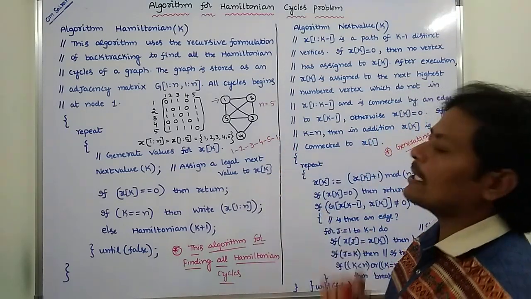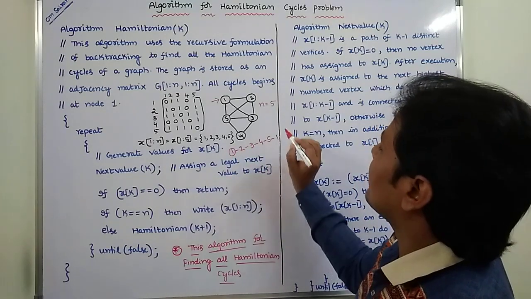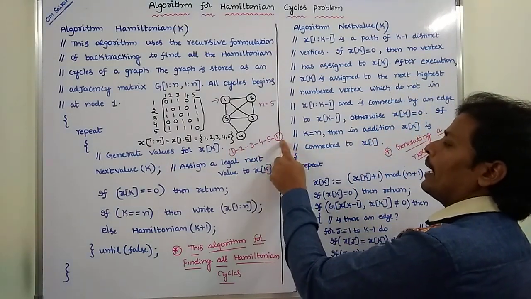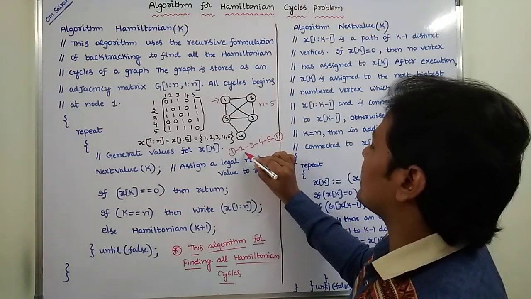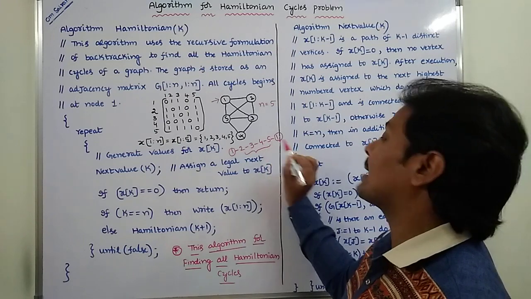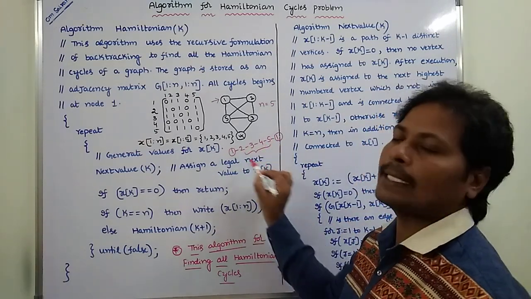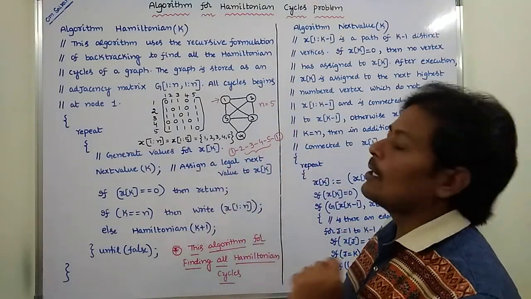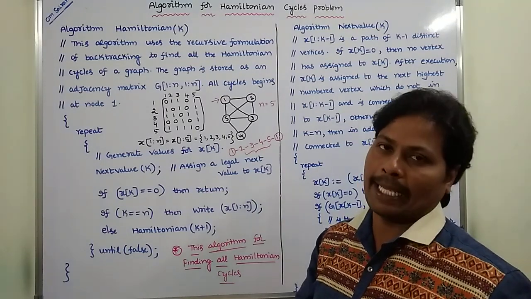This is the starting vertex and this is the ending vertex. The starting vertex and ending vertex should be the same. The remaining vertices should be visited exactly once. There is no repetition of vertices except the starting and ending vertex. Then we can say that it is a Hamiltonian cycle.